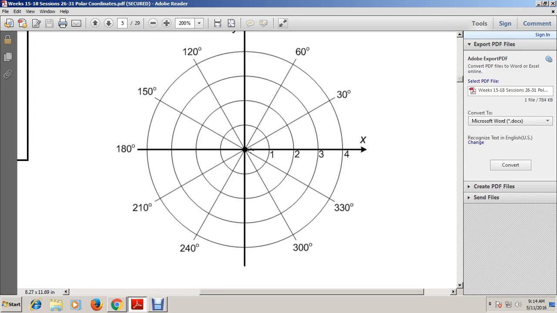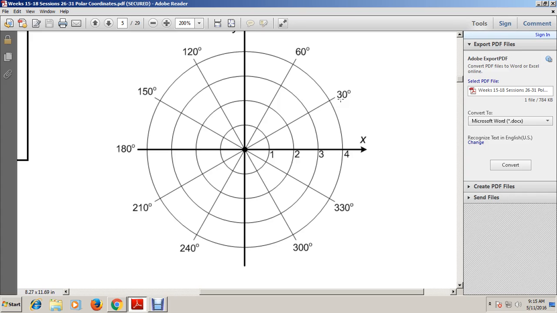Now, if it happens that the radius of the circle and the arc length are of the same length, and you take the ratio of the two, that gives you one measure unit, and that one measure unit is equal to 1 radian.